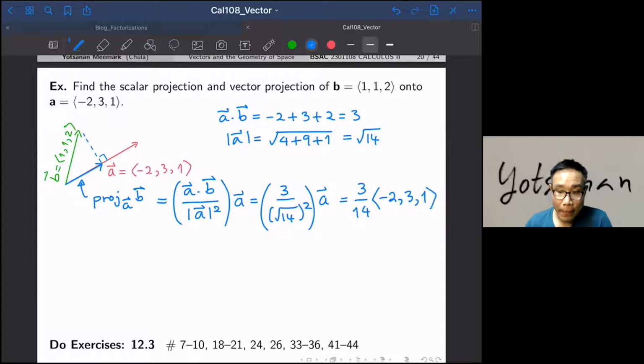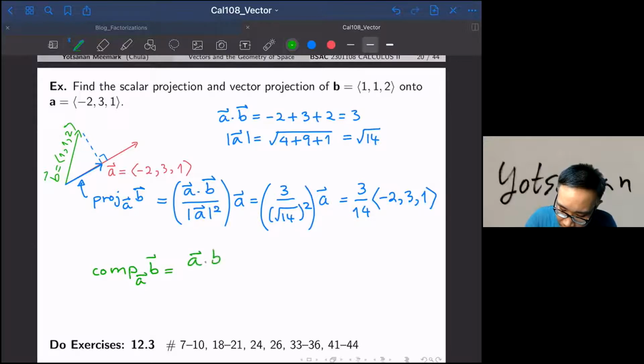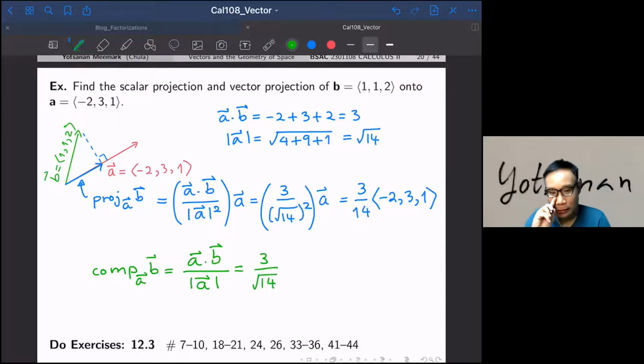And the next one, you're going to find the component. It's A dot B over norm A, so it's going to be 3 over root 14. This one will be the component, and the other is the vector projection.